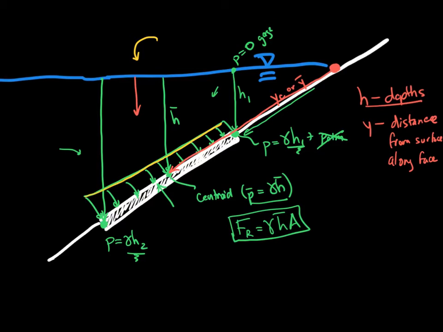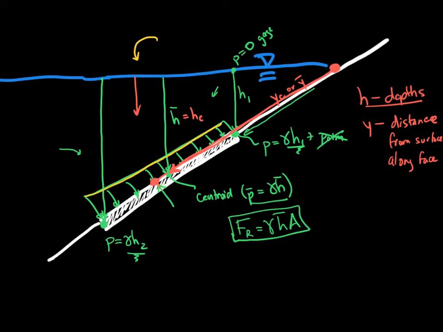This is HC in your book. So YC or Y bar, and we follow it along here, and that gives us the Y centroid. Then to get to the YP, we go down a little bit further to wherever my green force is.